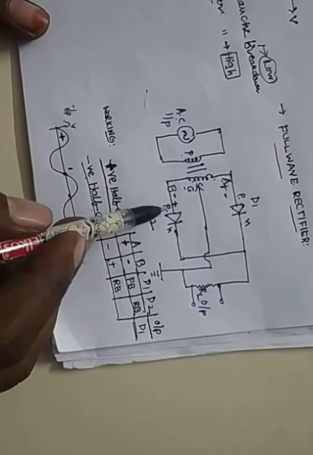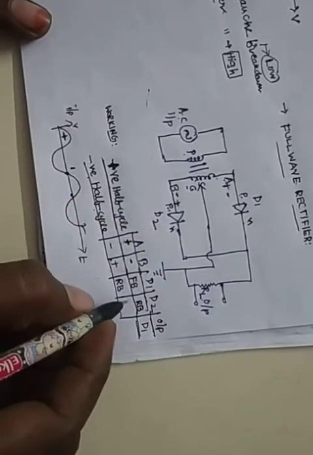And here P is plus and N is minus, means forward bias. So due to this forward bias, the output will come through D2. That means either during the positive half cycle or the negative half cycle, the output comes through one of the diodes. For the positive half cycle, the output is across the diode D1, and for the negative half cycle, across D2.